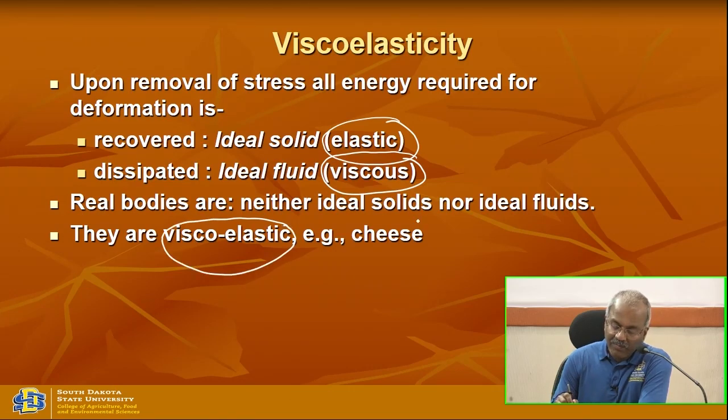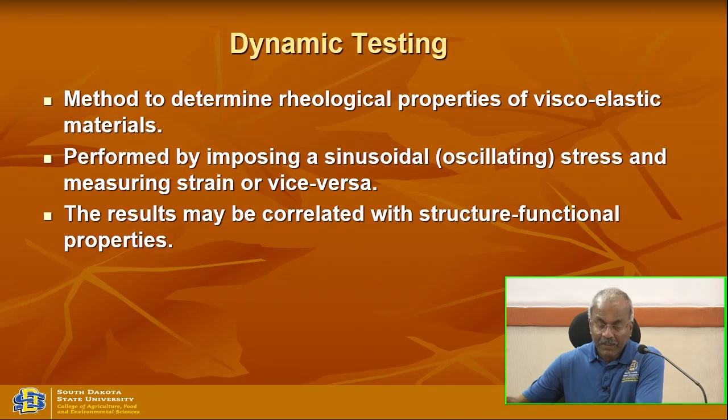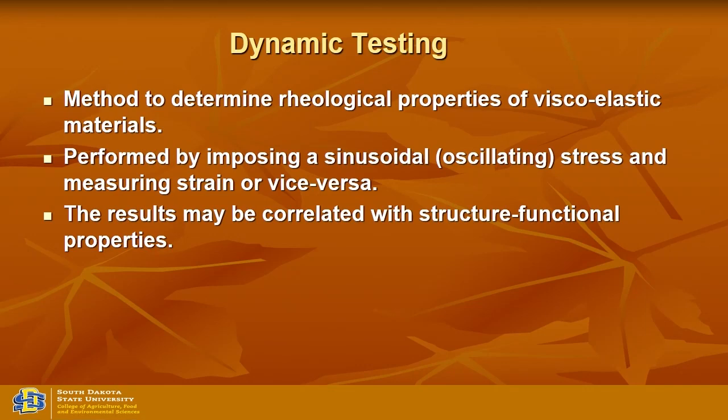One of the prime examples is cheese. Just to give an example of cheese, but apple, orange, potato, things like that are mostly viscoelastic. So we are going to continue our discussion in terms of how to characterize the viscoelastic nature of the food material, and then determine the rheological properties of viscoelastic material.